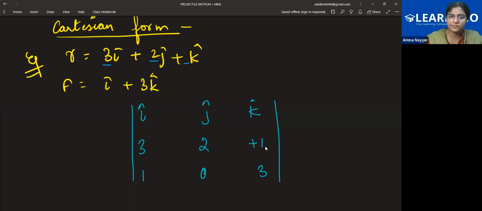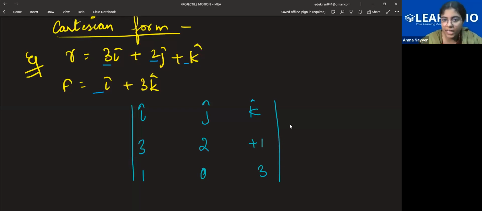Come to the second vector. What is the coefficient of i cap? It is 1. Second, j cap: there is no j cap present, so the coefficient is 0.